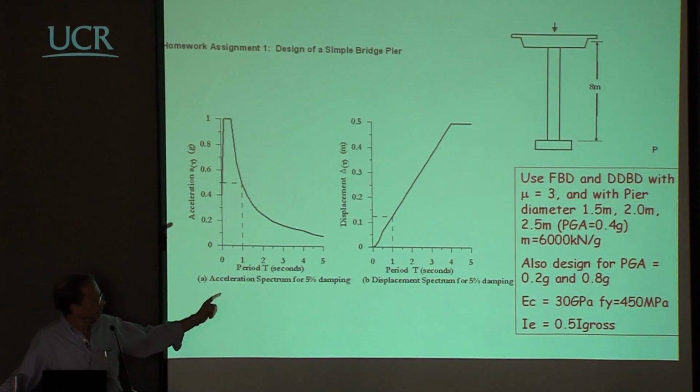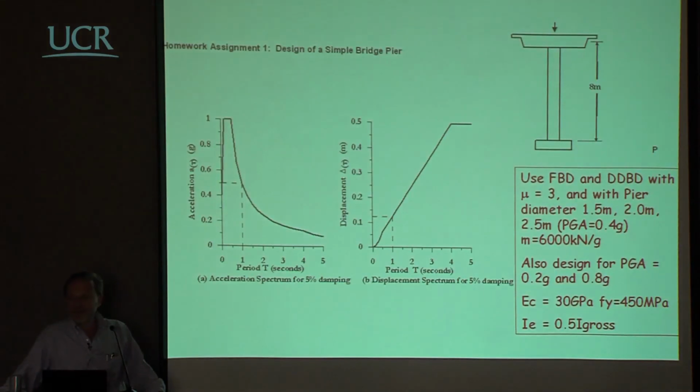So we provided the value of the mass, which is 6,000 kilonewton divided by g. And maybe if you are willing to do so, you may also change the peak ground acceleration to 0.2 and 0.8, which is half and 2 times.